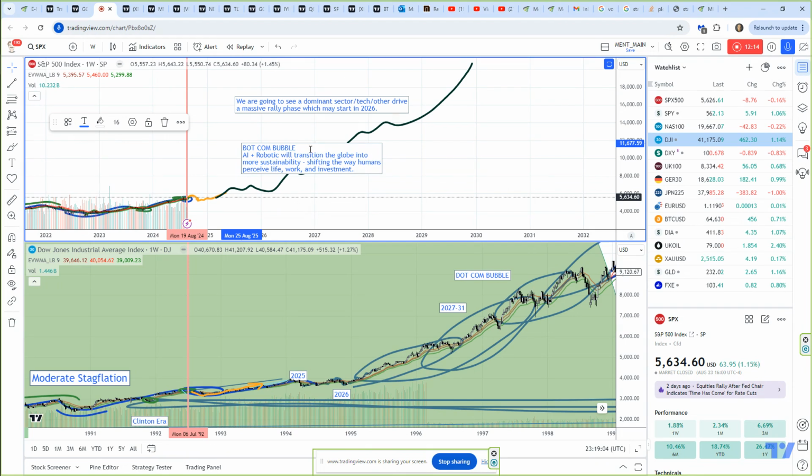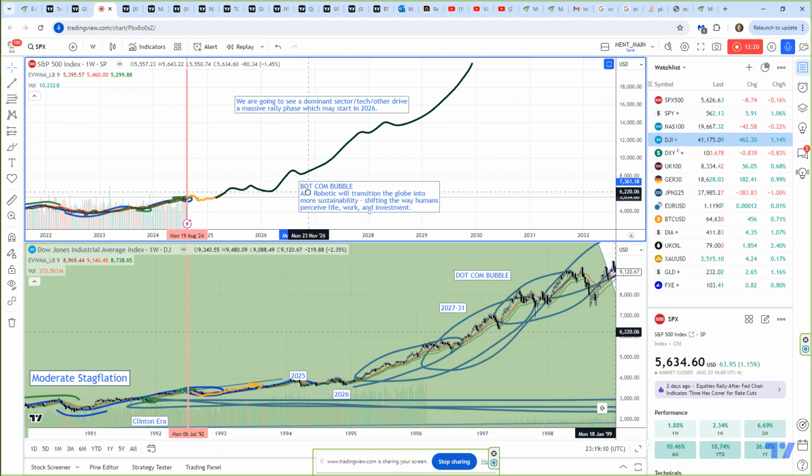So I think we're going to be looking at a very big, what I call botcom bubble coming.